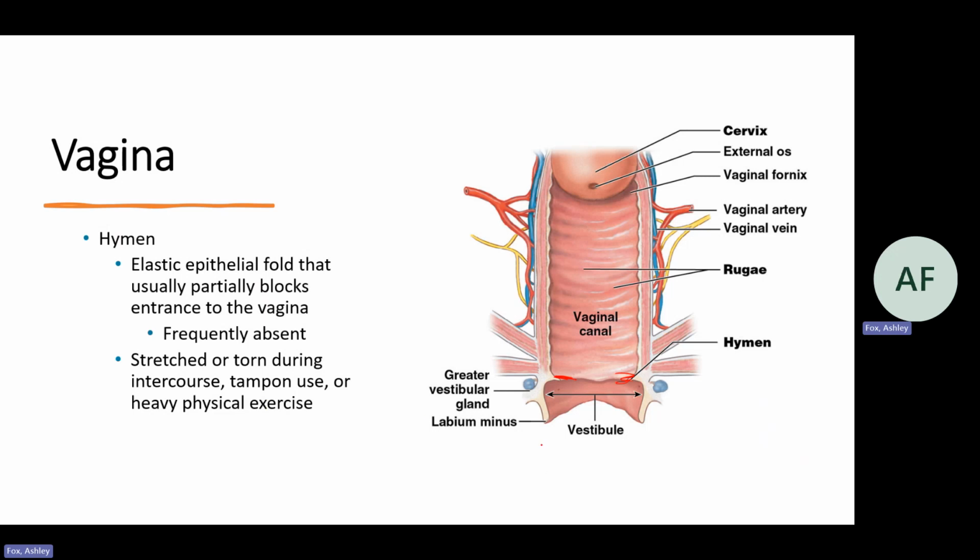So it's not necessarily just with intercourse that the hymen breaks. But it is protective. Before puberty, usually it's intact, but like I said, sometimes it's not. It's just another protective component because most of the things that are happening or should be happening in the vagina are going to be after puberty.